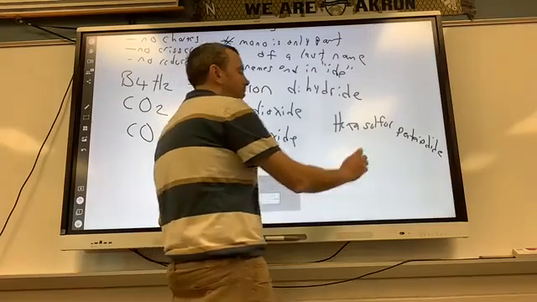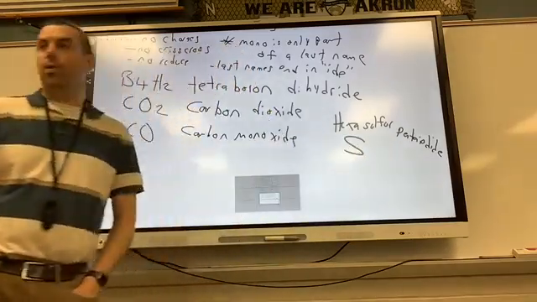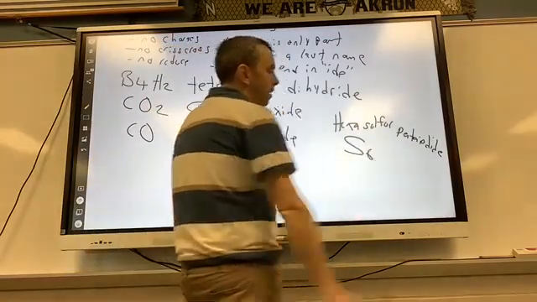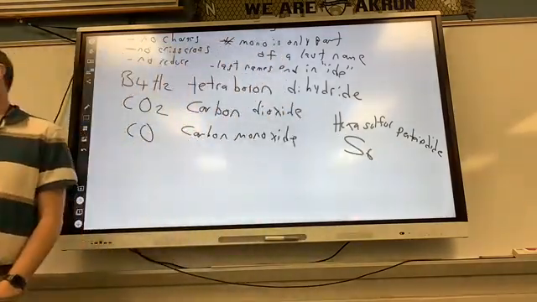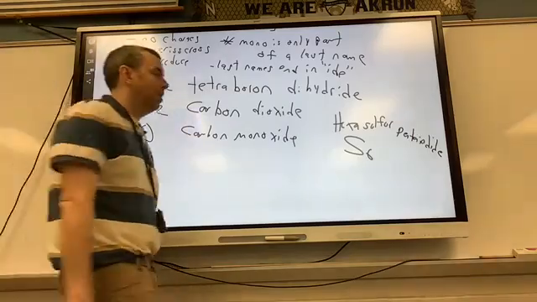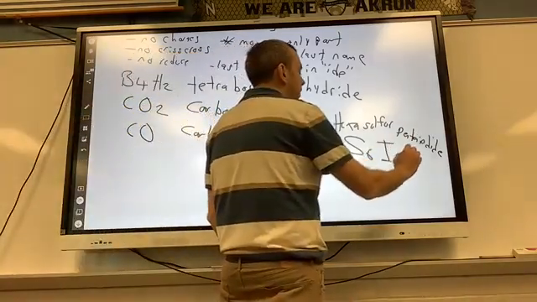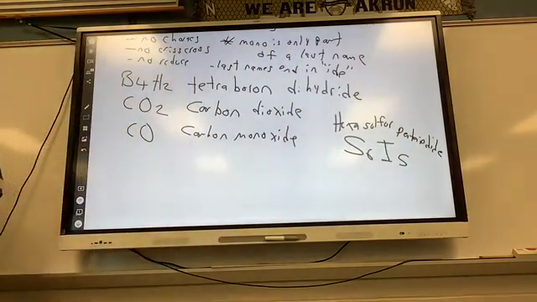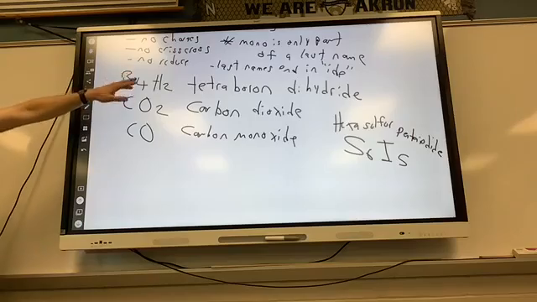Sulfur's S. Hexa is the prefix for what? 6. Iodide is what letter? I. Penta is the prefix for 5. That's it. That is it for these. It's super duper easy. And you don't reduce, because that would change the name.